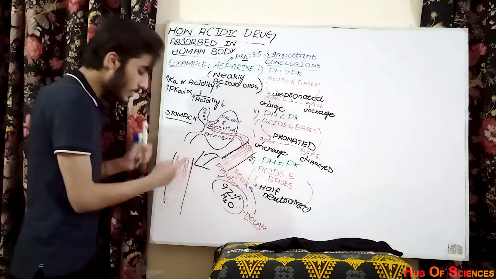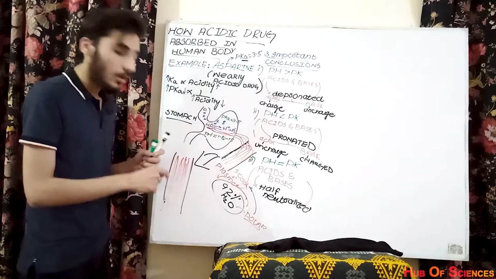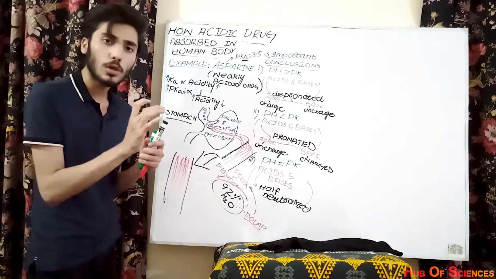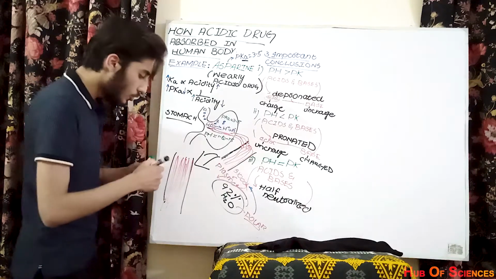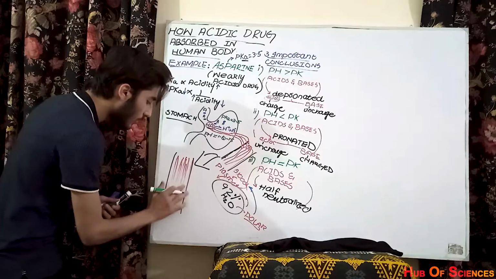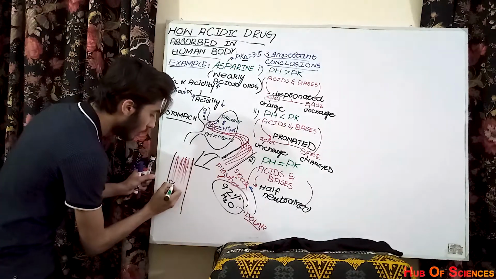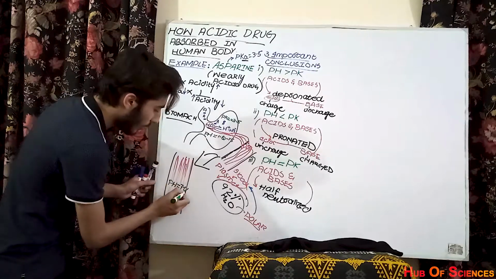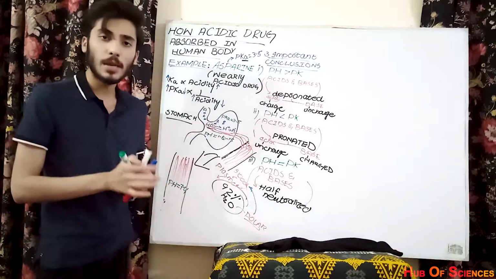So if we are talking about the pH of the solution, then it is clear that we are talking about the pH of the blood. We know that the pH of the blood is 7.4. This is the approximate pH of the blood.